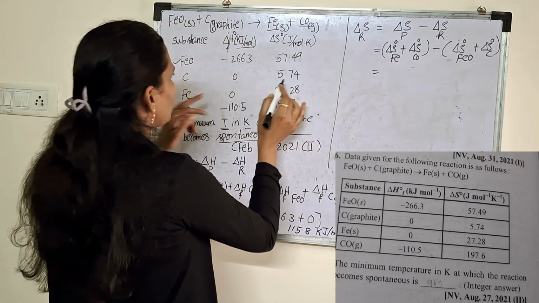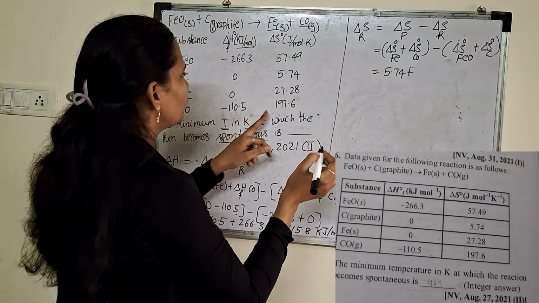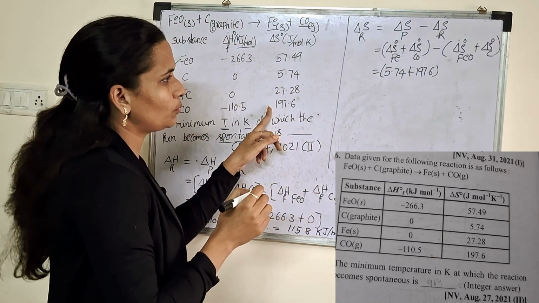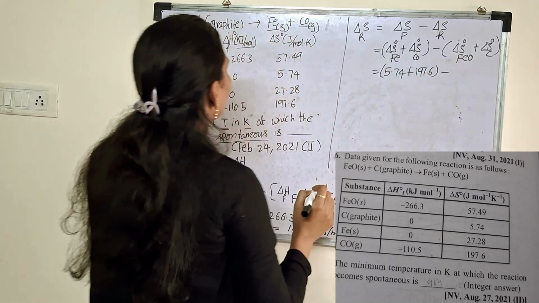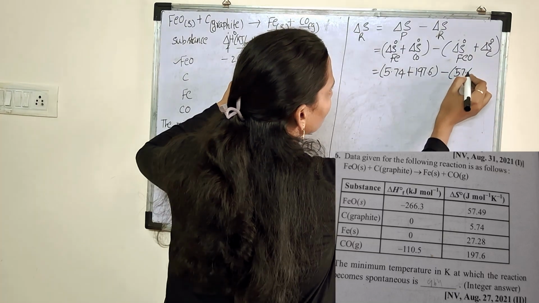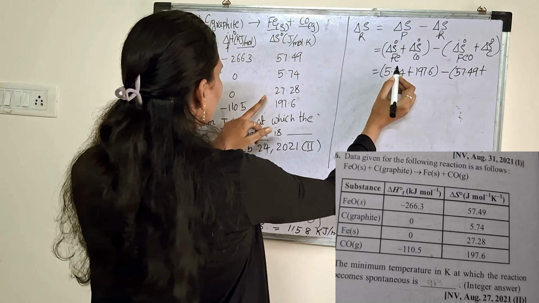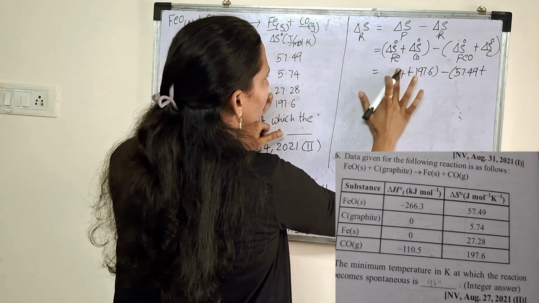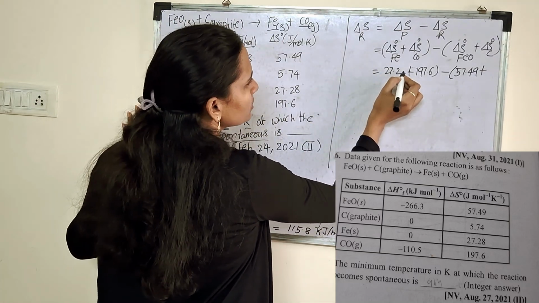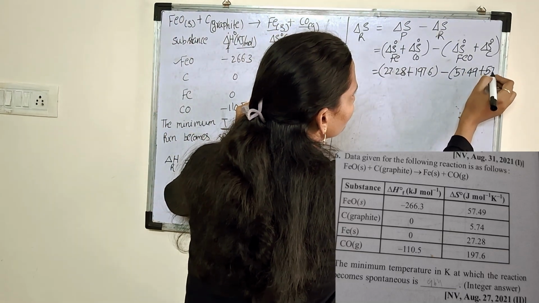Delta S for Fe is given as 27.28, plus delta S naught of CO, which is 197.6. These are the product entropy values. Minus the FeO entropy value, 57.49, plus delta S of carbon, which is 5.74.